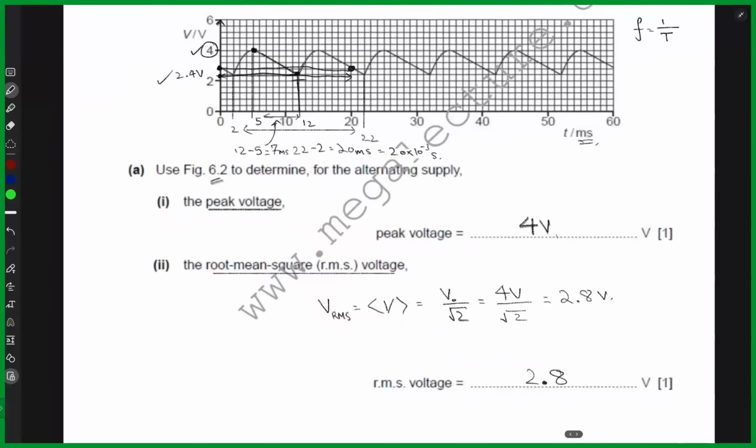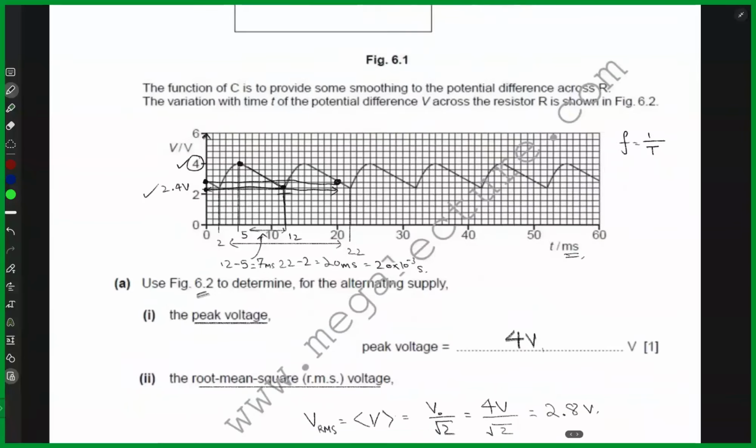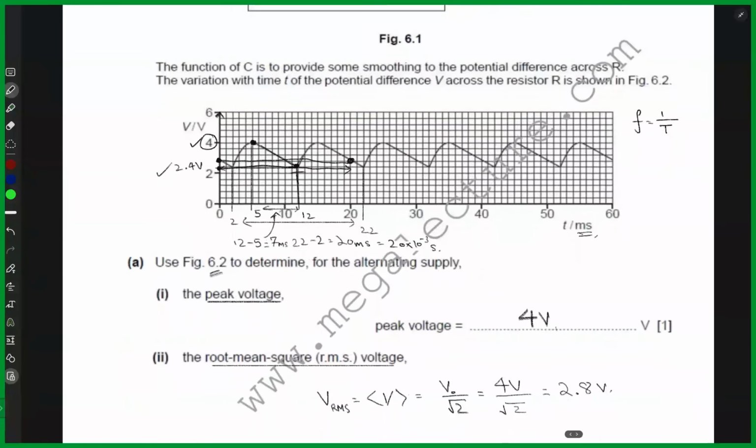The average potential difference is this one, right? Halfway between this curve. So that's 3 volts. Is it 3 or is it 3.2 volts?